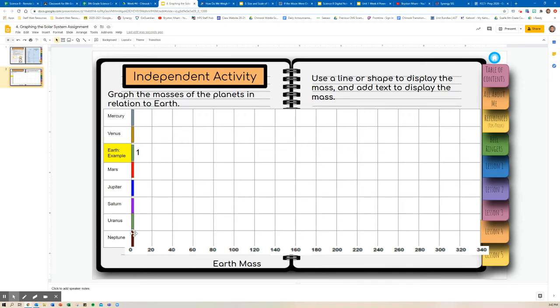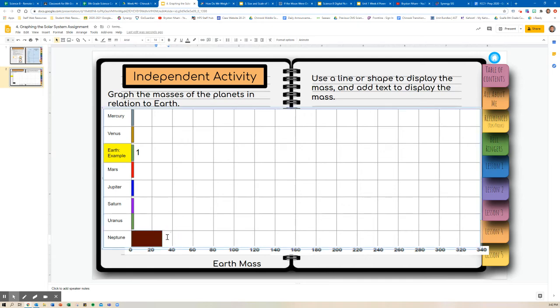This is tough to graph given the scale of this chart. This is hard. But what I'm looking for is that each bar is just relative to each other. So let's say this is 17.1. That's just an example for you.